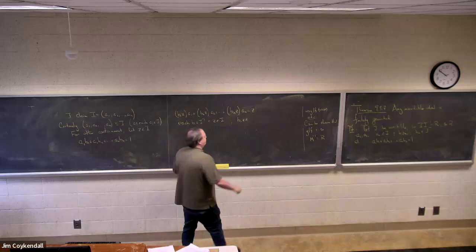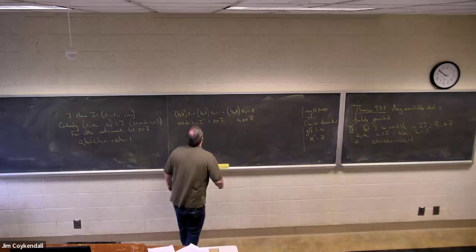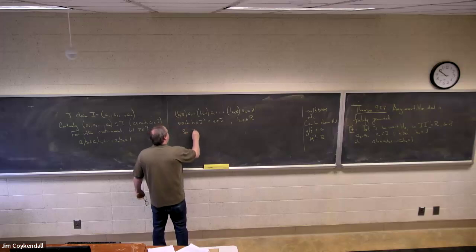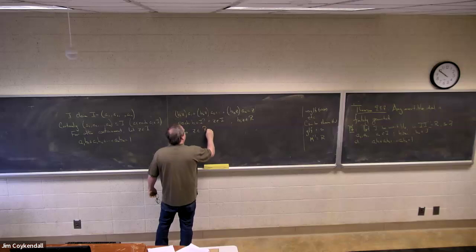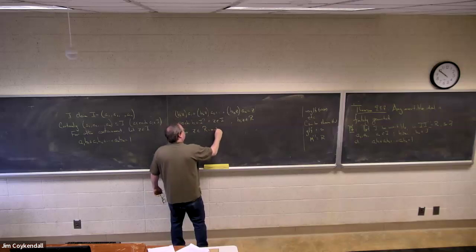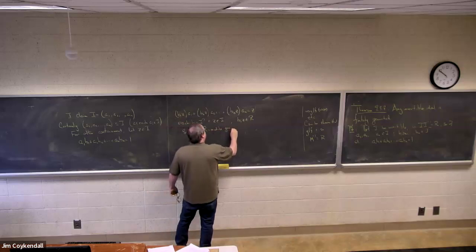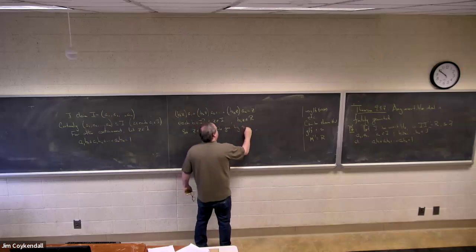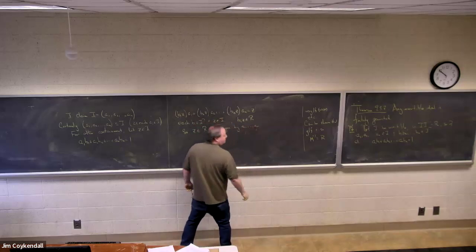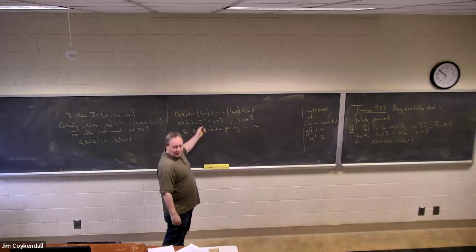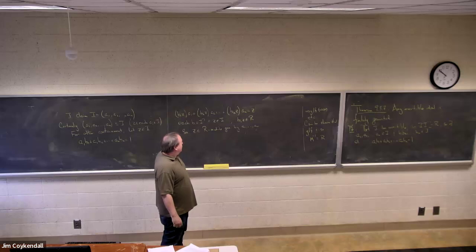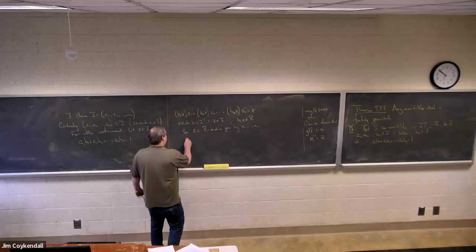It's in R. So C is in the R module generated by A1, A2, and so on. Right, because all those things that are multiplying my generators are actually bona fide elements of R.